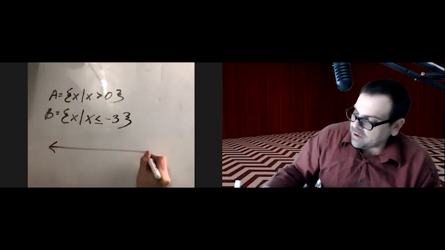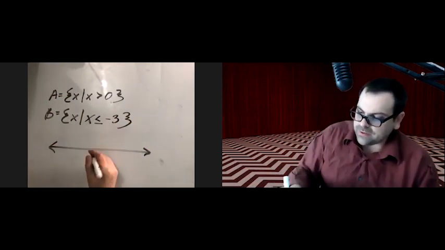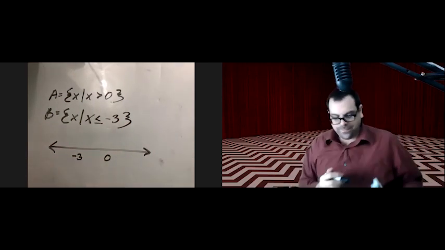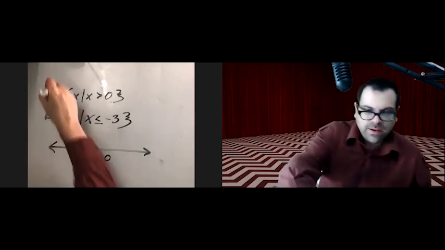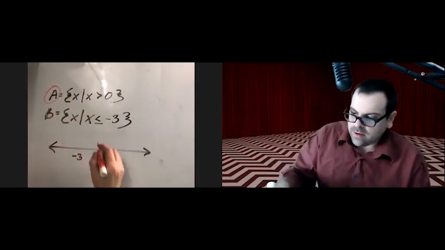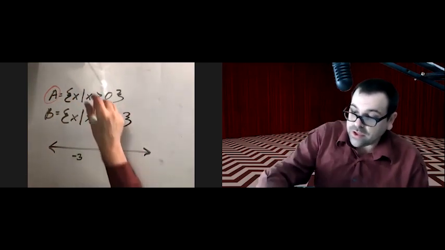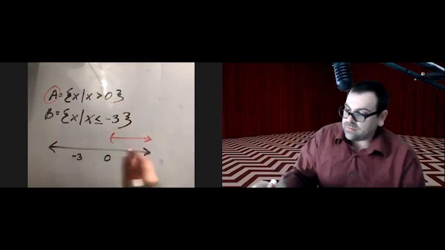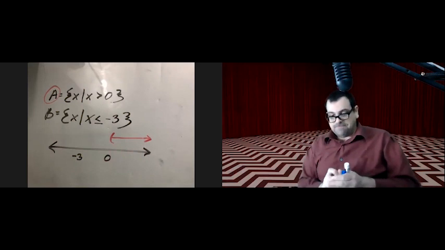So what do I need on my number line to graph? I'm going to need 0, and I'm going to need -3. I'm going to go ahead and graph A. A is greater than or equal, or sorry, just greater than 0, not or equal to. So parenthesis, not a square bracket.